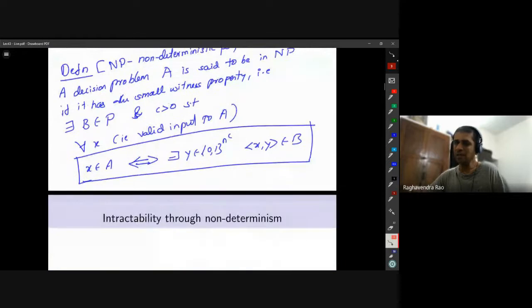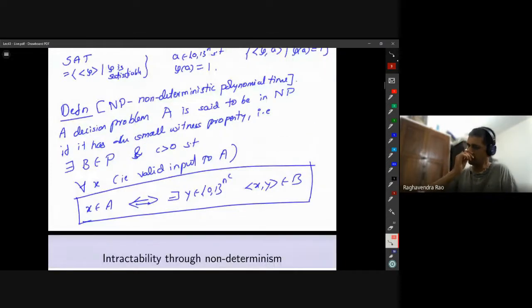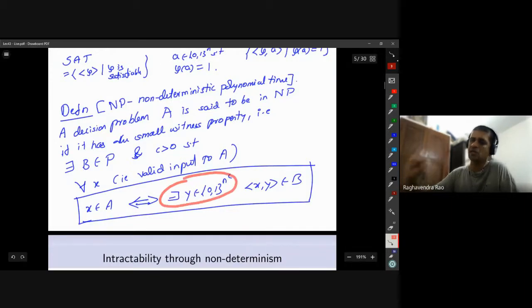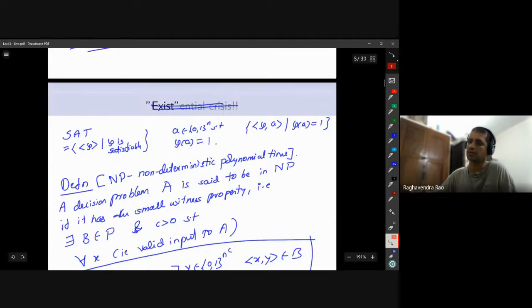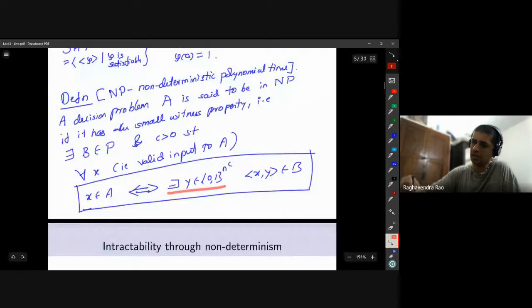See, the point here is that there is an existential characterization, so there is an existential quantifier.